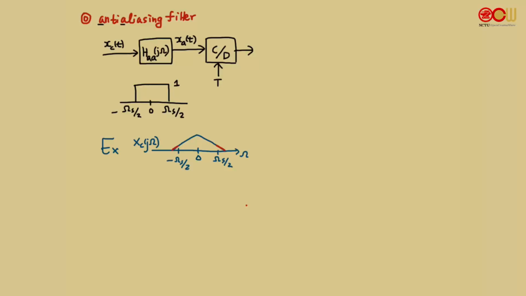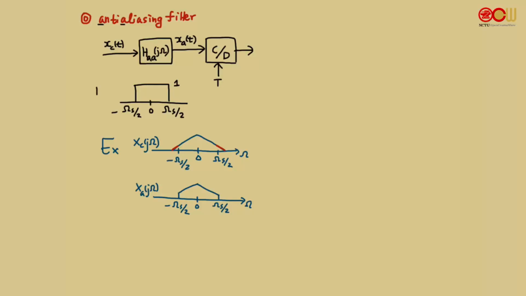So we apply the anti-aliasing filter. Then xa j omega will simply be a low-pass version of xc. It will only contain the part of xc in this frequency range. Then after we sample, there will be no aliasing.